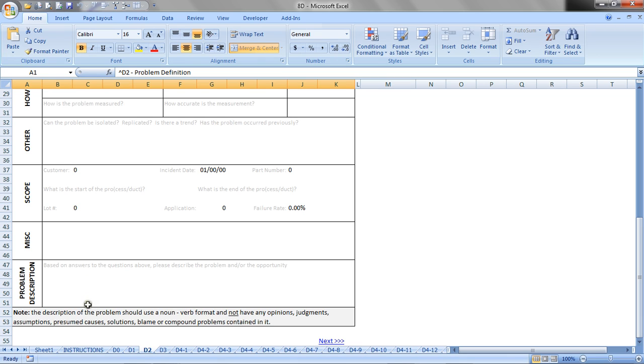And again, keep in mind that the problem should use a noun-verb format, not have any opinions or judgments or assumptions or anything like that. Make it nice and clean and succinct and clear. I've done these many times, and once you've done this type of problem description, you'll find it very enlightening, very clean, and very assuring that you know what the problem really is.